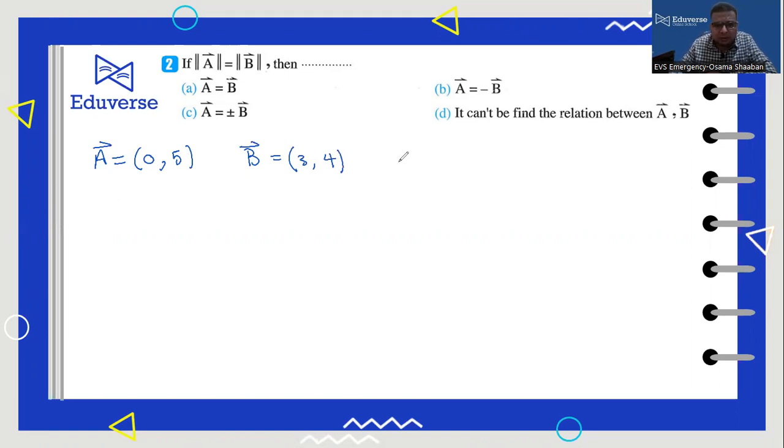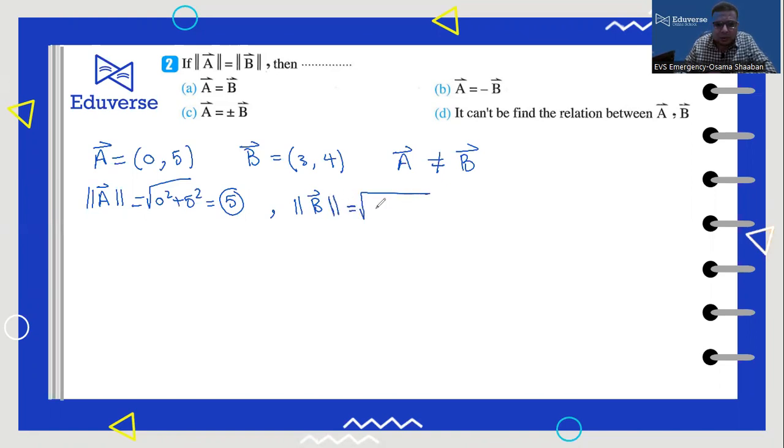So A vector here is not equal to B vector, but the norm of A vector equals square root of 0 power 2 plus 5 power 2, you will get 5, and the norm of B vector equals square root of 3 power 2 plus 4 power 2 equals 5.